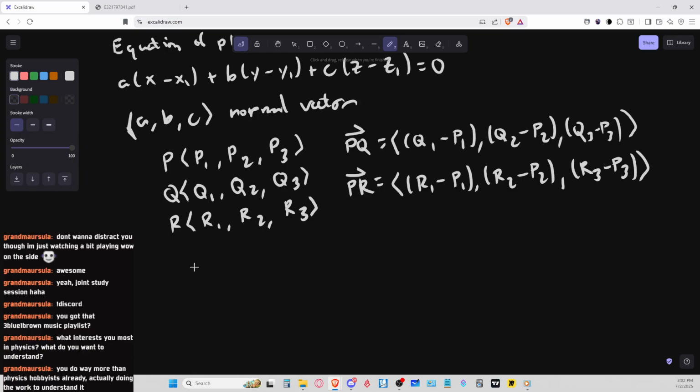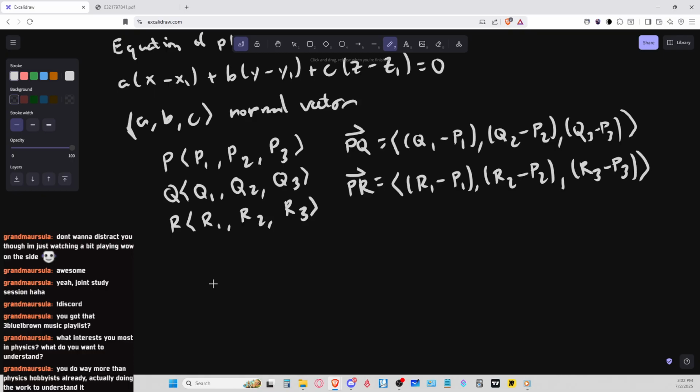But if I was working in physics, I would probably want to work in cosmology. I think that's basically where my focus would be if I were to go back to school and do physics as a career.